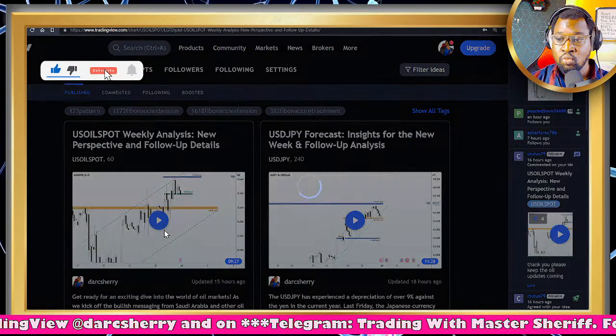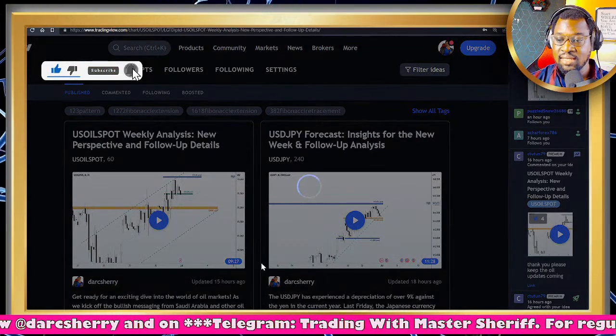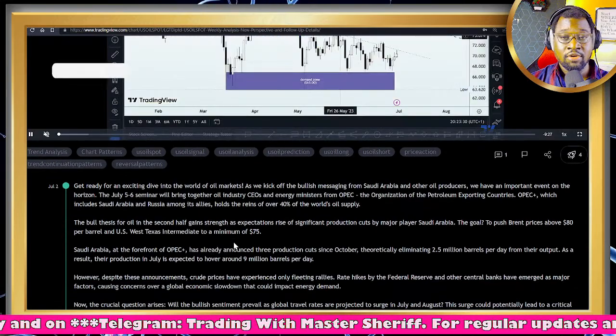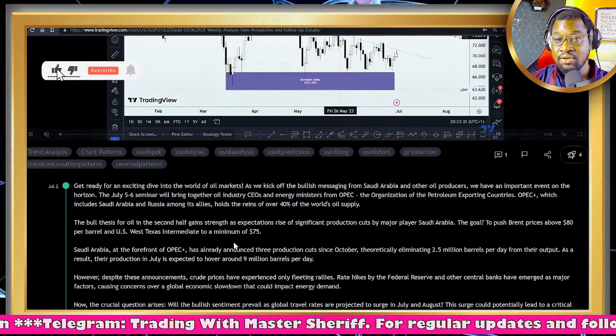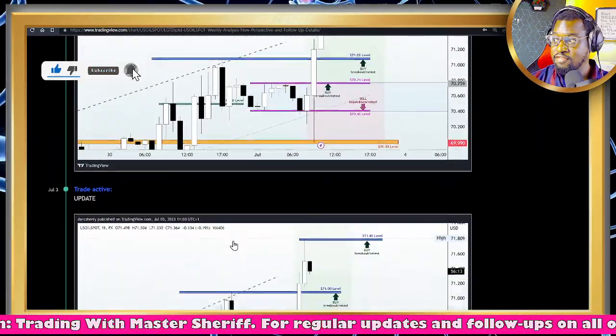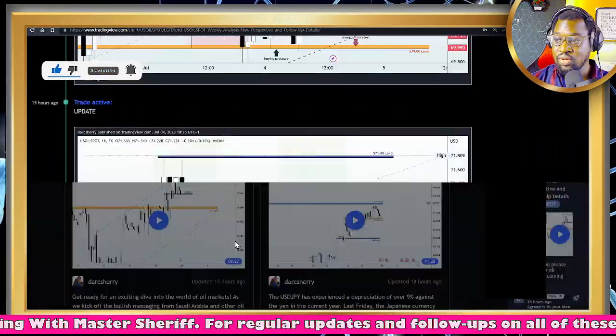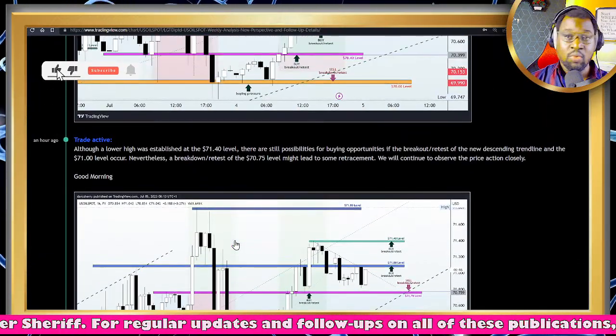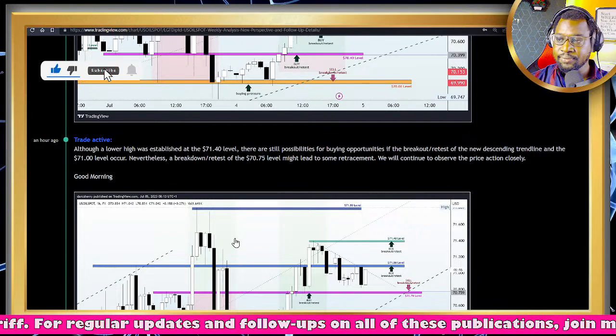So this morning I shared an update on this instrument. Let's run through that update. If you are with me on my TradingView and Telegram platform, you will definitely have seen this one, but for the sake of clarity, let's look at it together here, and then we go back into the live chat to see how we are going to be positioning ourselves.